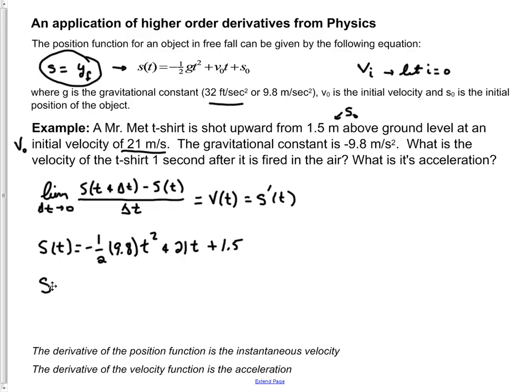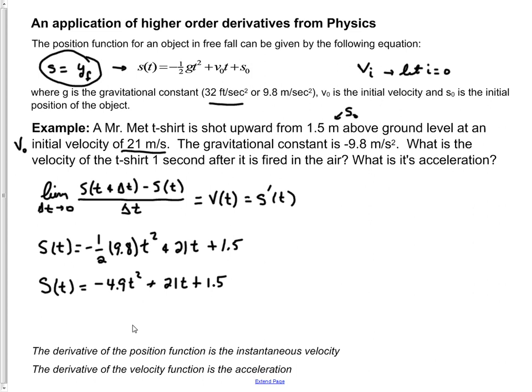And so our position equation could be expressed this way: negative 4.9 t squared plus 21t plus 1.5 meters.